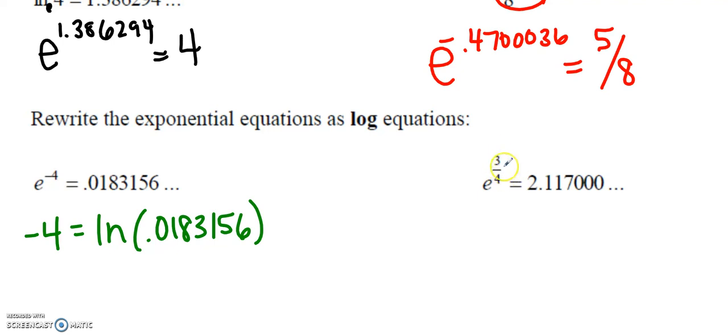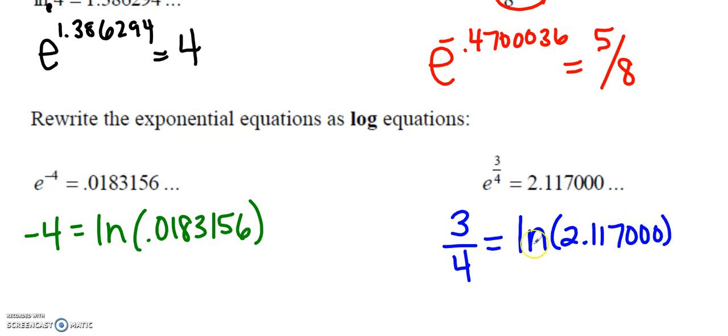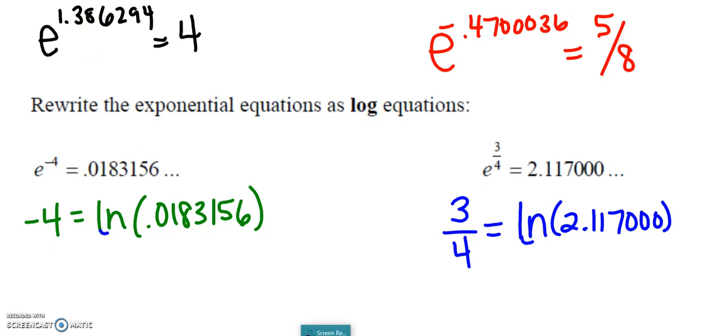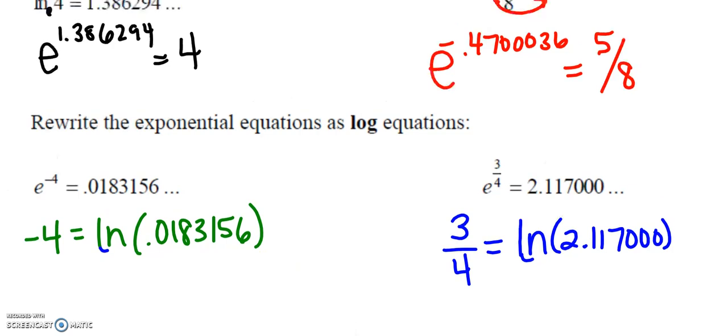So again, I'm thinking about this what power, right? Logarithms is what power. 3/4 was the power, and that's equal to a log base e, or the natural log, of 2.117000. I just told you I would write in cursive for your sake, and I didn't actually do it. Please forgive me. And now you can check these in your calculator.